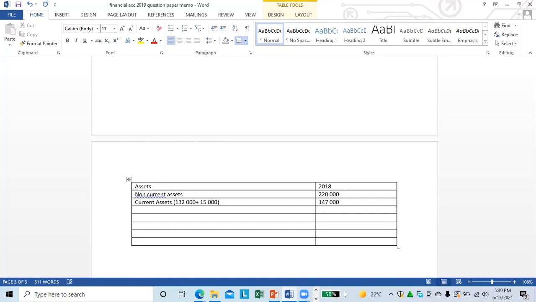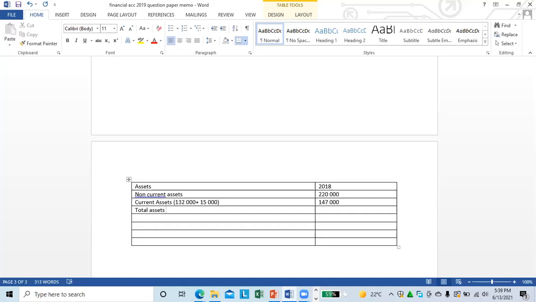And then from there you have total assets. Do we understand? Yes.